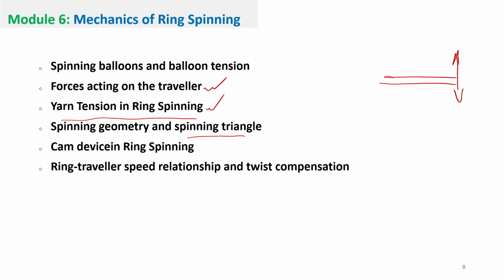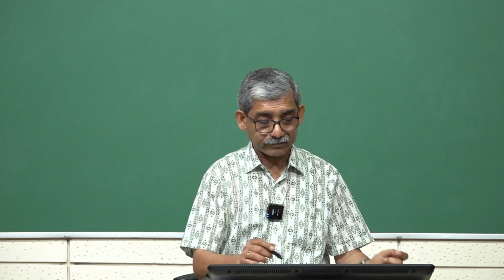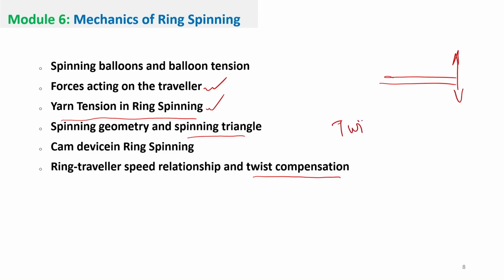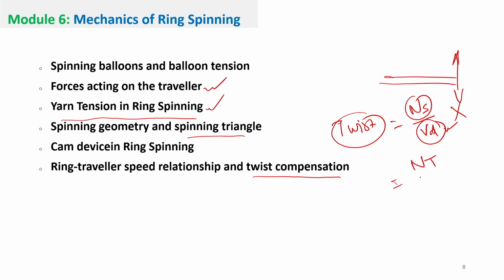Then ring traveller speed relationship and twist compensation. Twist compensation is also very important in ring spinning, because the twist in ring frame, we normally know that it is spindle speed divided by delivery speed, but actually when the twist is inserted in ring spinning, it is Nt by Vd, because spindle is actually not responsible for twisting.